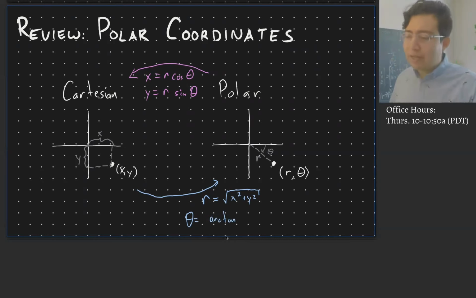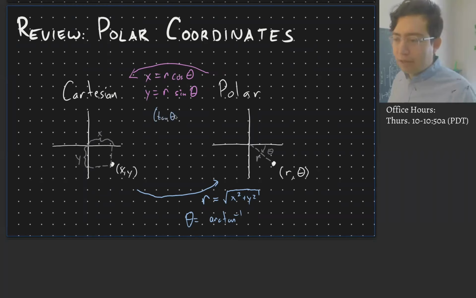Arctan tends to be the most straightforward, because if you notice this formula here and you try to go the opposite direction, you can divide y by x and the r's cancel, and then you just get sine of theta over cosine of theta. So the note here is that tangent of theta is y over x. We're going to use this to cook up the inverse down here.